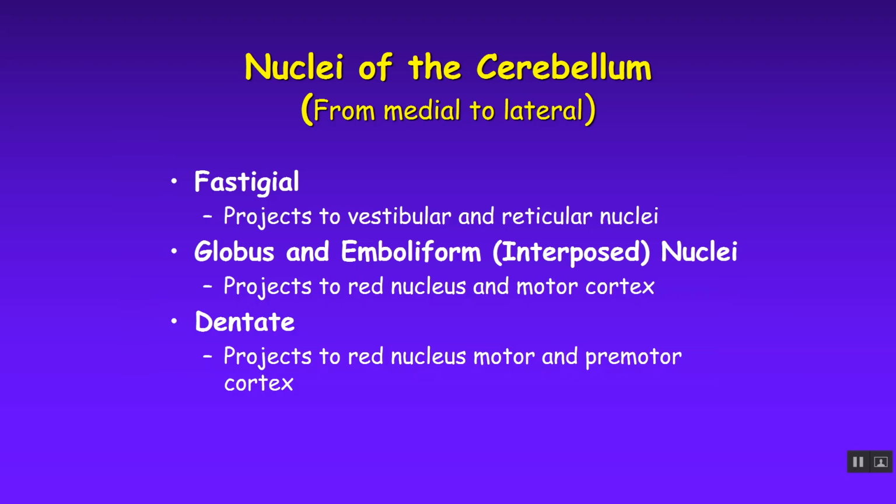So, talk about nuclei of the cerebellum, the deep nuclei. So what happens is, information comes into your cerebellum, it's processed in the cortex. Purkinje cells are the output cells. They either provide more inhibition or less inhibition of the deep cerebellar nuclei.